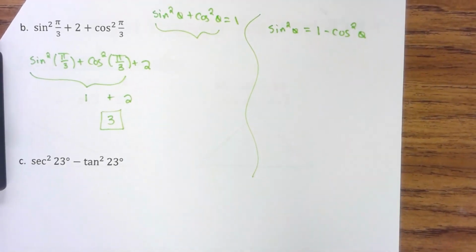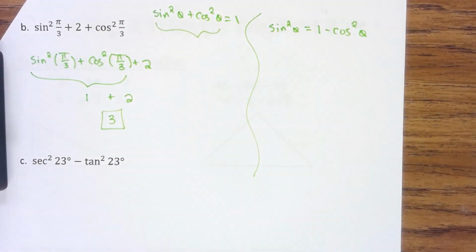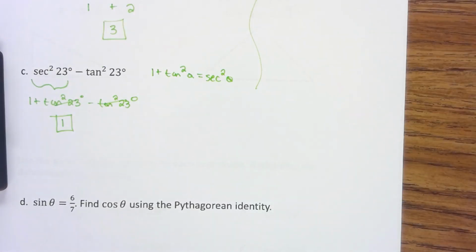All right, why don't you all try C? I'm seeing secant squared and tangent squared, so I'm most likely going to need to use some version of those Pythagorean identities. All right.